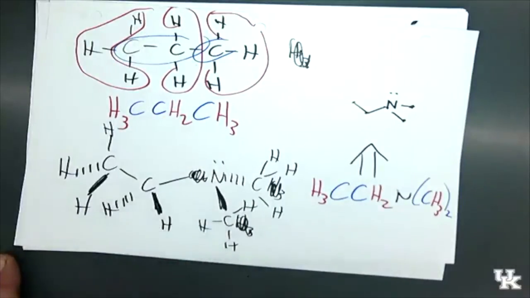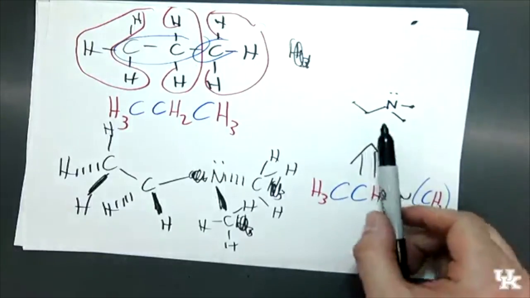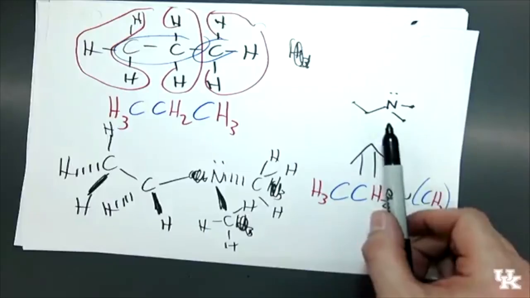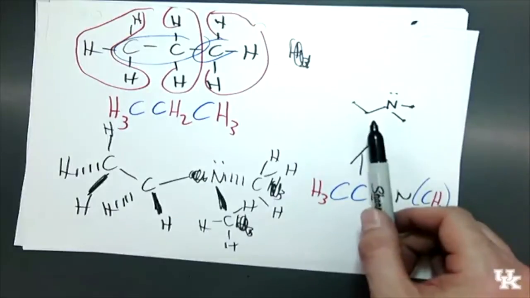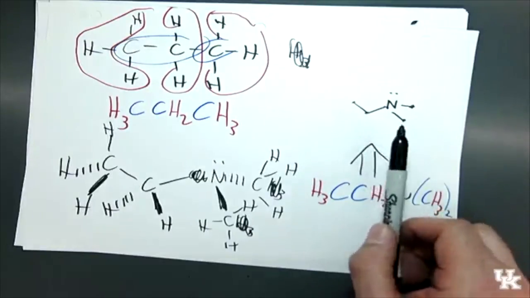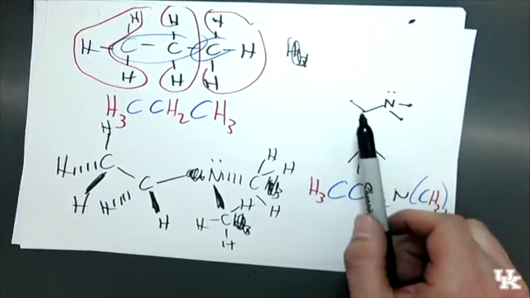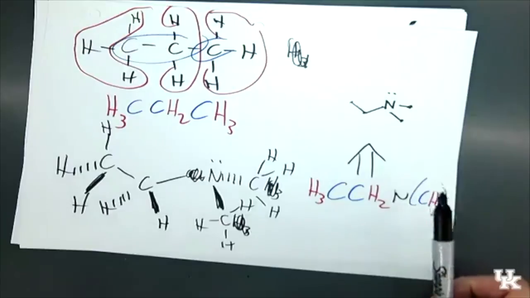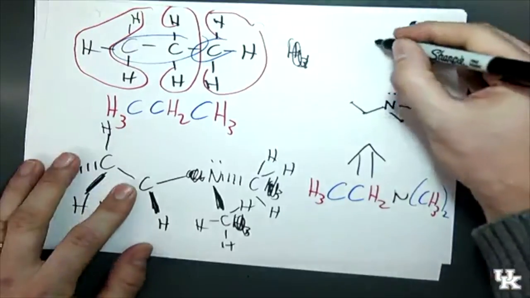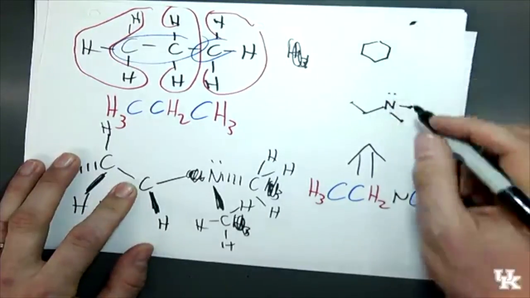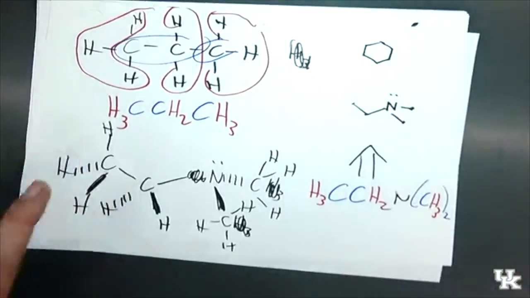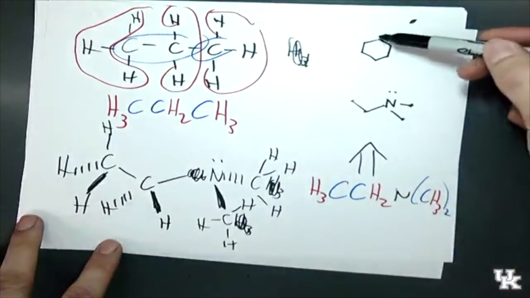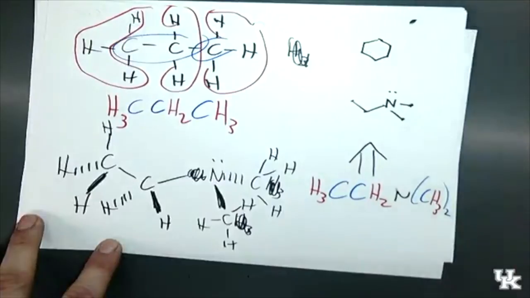Everything, more or less, is there for you. You don't have to assume anything. In the bond line drawing, you do. You not only assume CH bonds, but you assume that each non-labeled atom or vertex is a carbon. So that means if you see this, right, that means you have 1, 2, 3, 4, 5, 6 vertices, 6 carbons.